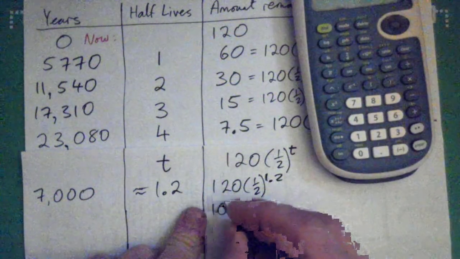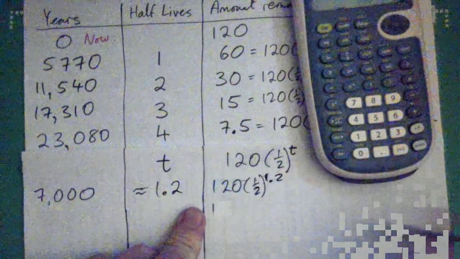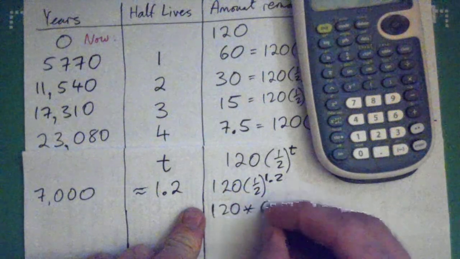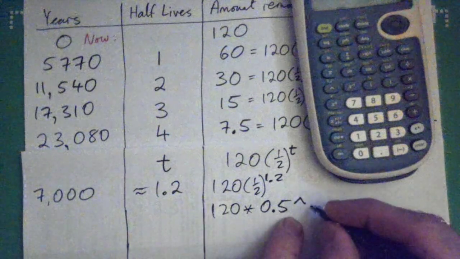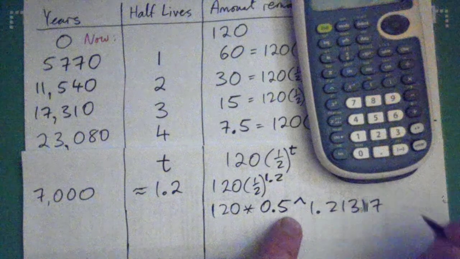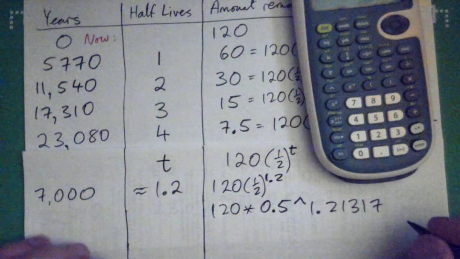So we'll go 120 times 0.5 to the power of 1.21317. Yeah, about there is good.